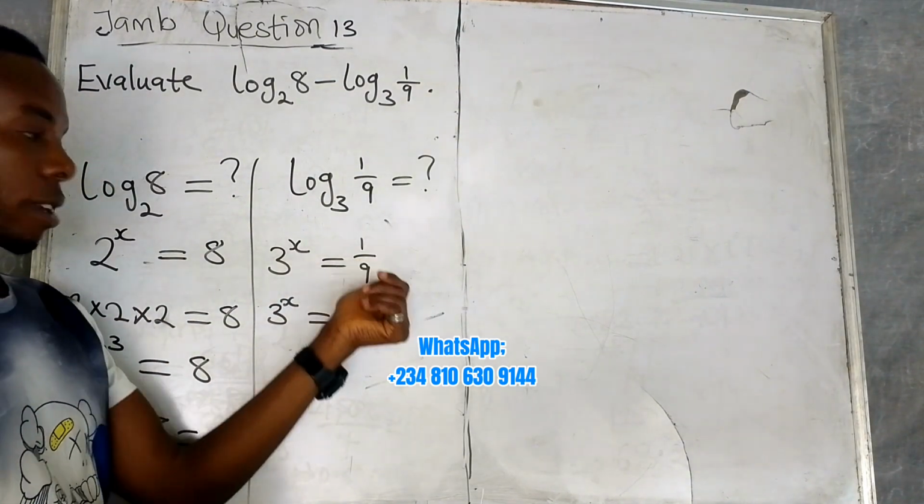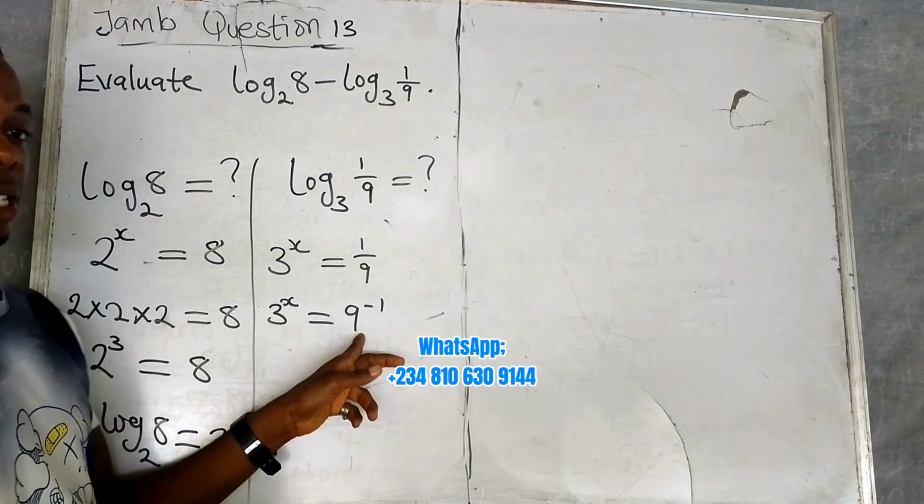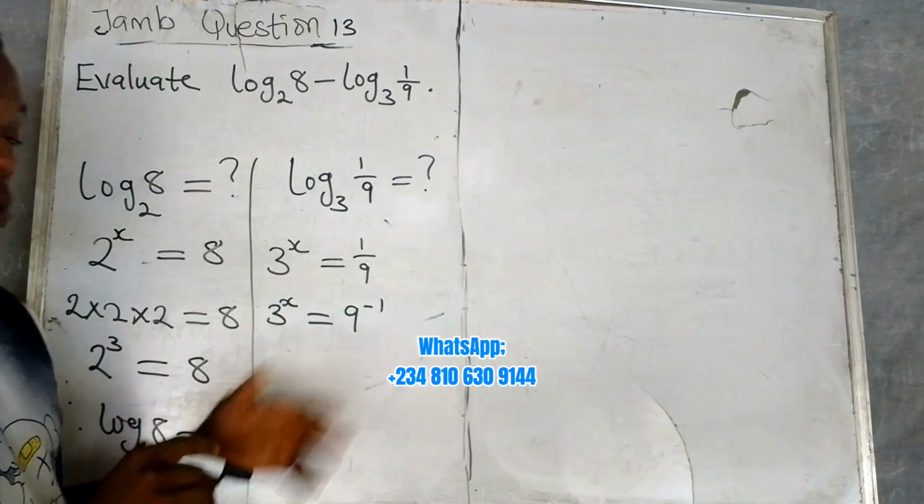So we write 3ˣ is equal to 9 raised to the power of -1, because 1/9 is the same thing as the reciprocal of 9.